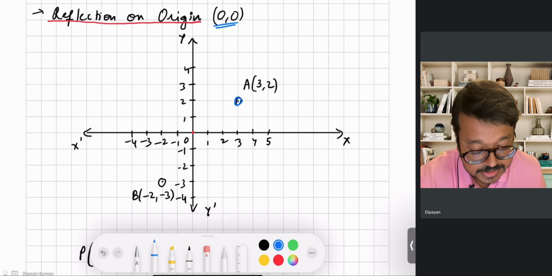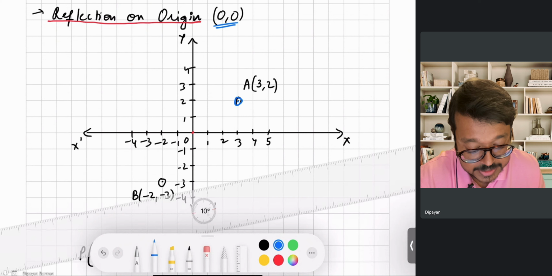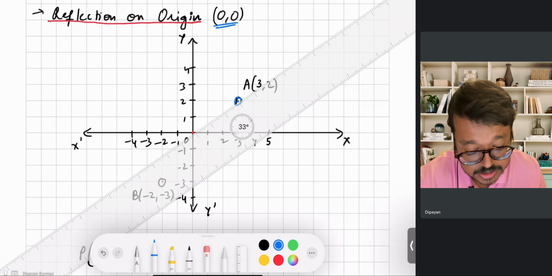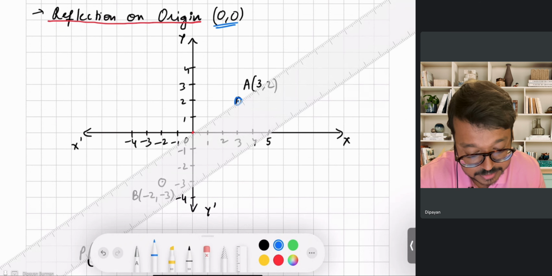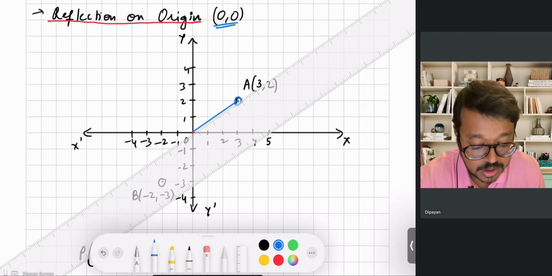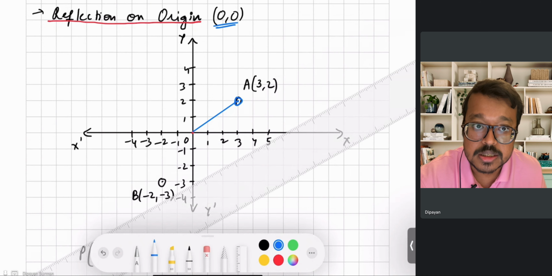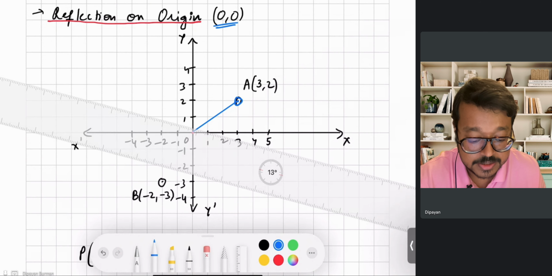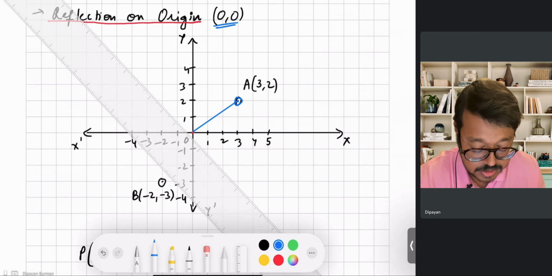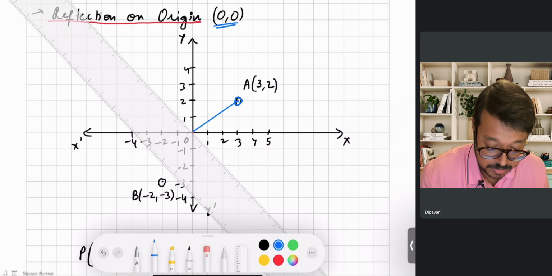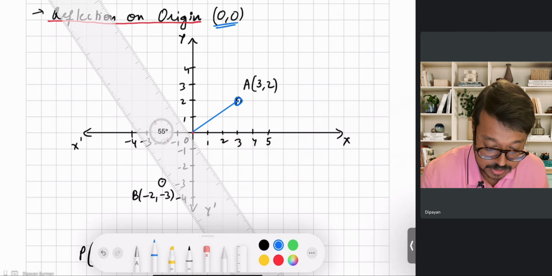So the idea is that if I connect this point A with the origin, I will get a line something like this. Now the mirror will be considered perpendicular to this line. So if I look at something perpendicular to this line, it might look something like this.